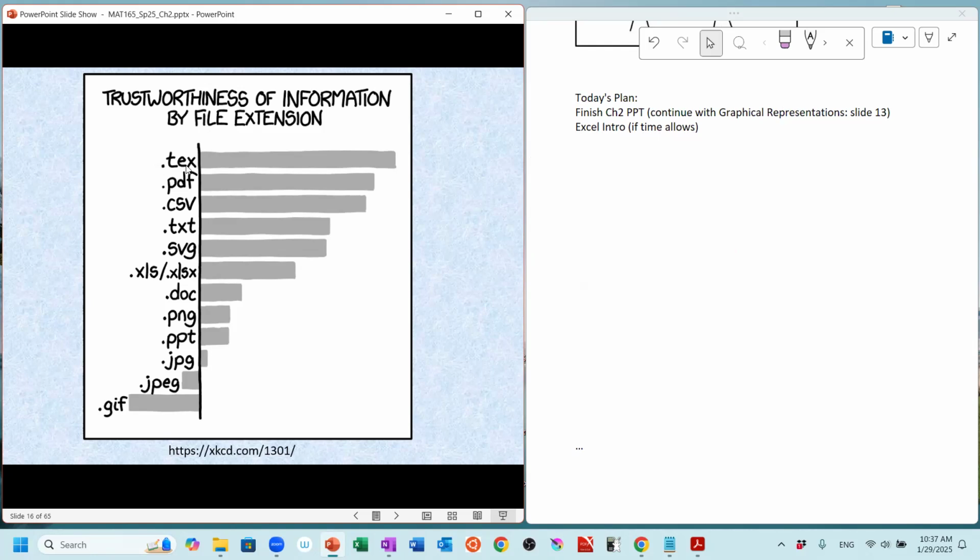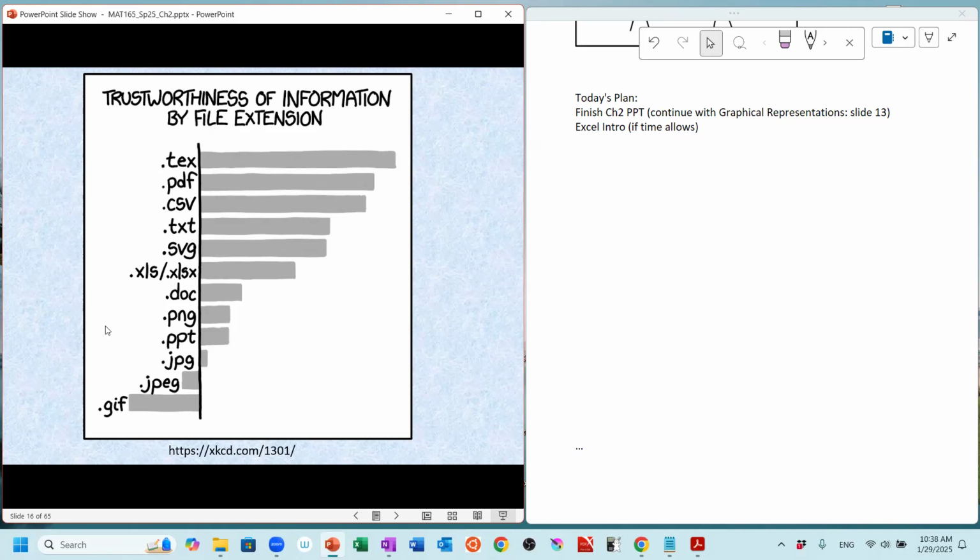If it's written in TeX, which is almost like a mathematics typesetting language, probably pretty trustworthy. If somebody knows enough and cares enough to write it in TeX, it's probably going to be right. PDF, same kind of thing. If it's information presented in a GIF or a JPEG, or if you want to pronounce it incorrectly, you could call it a GIF, then maybe not so trustworthy, right?